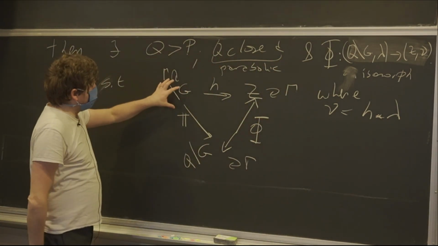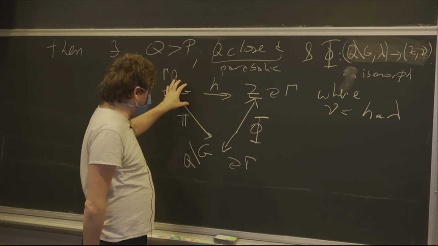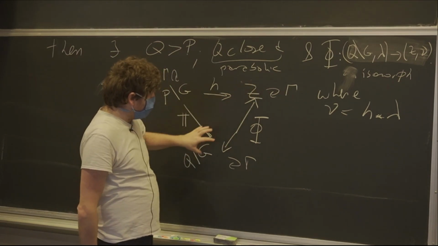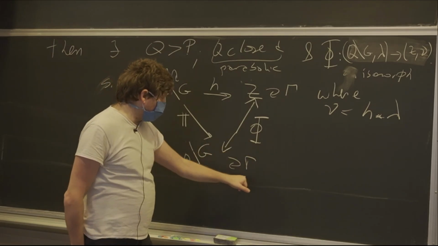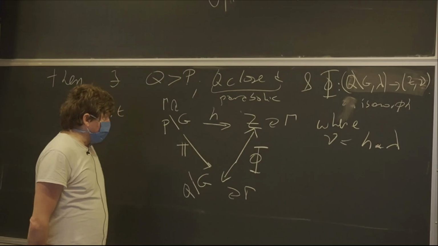So we project nu from the Haar measure lambda here, and then these two spaces are isomorphic by phi. This phi also conjugates the gamma action here with the gamma action here, and that's it.